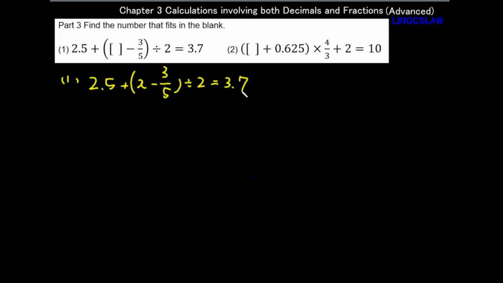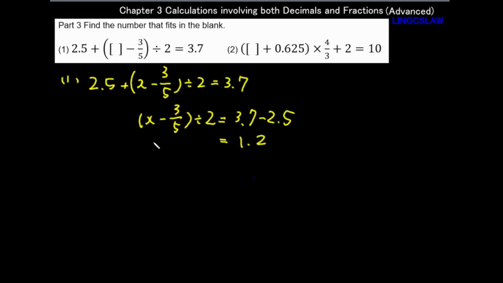First let's subtract 2.5 from both sides. That is, x minus 3 over 5 divided by 2 equals 3.7 minus 2.5, which equals 1.2.